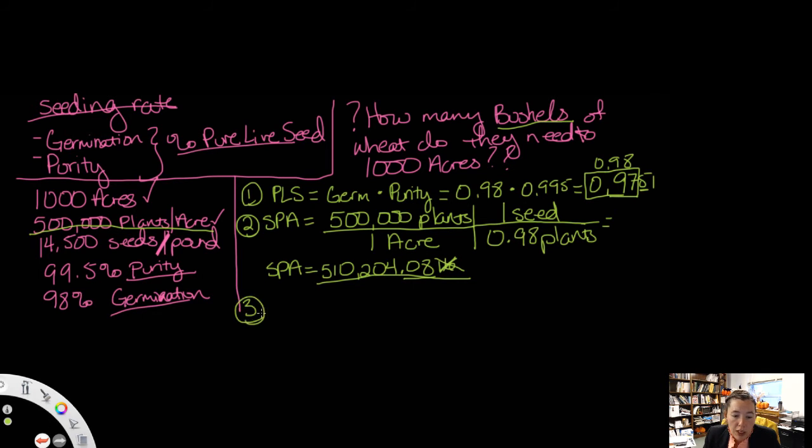So for step 3 here, we're going to set up that long conversion equation to go through all of this. For this first part, we're going to always start with our area of size. For this one, we've got 1,000 acres. And switch to a blue. So our field is 1,000 acres.